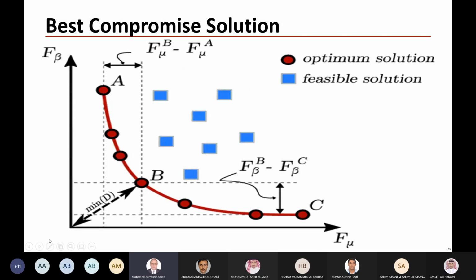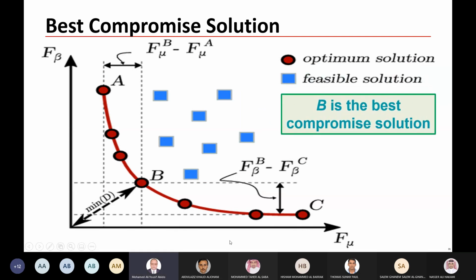You can say the best compromise solution is the one nearest to the origin, the minimum distance to the origin. These are the optimum solutions. These are the Pareto set. The best compromise solution is the one which is the nearest to the origin. So this one is the best compromise solution.